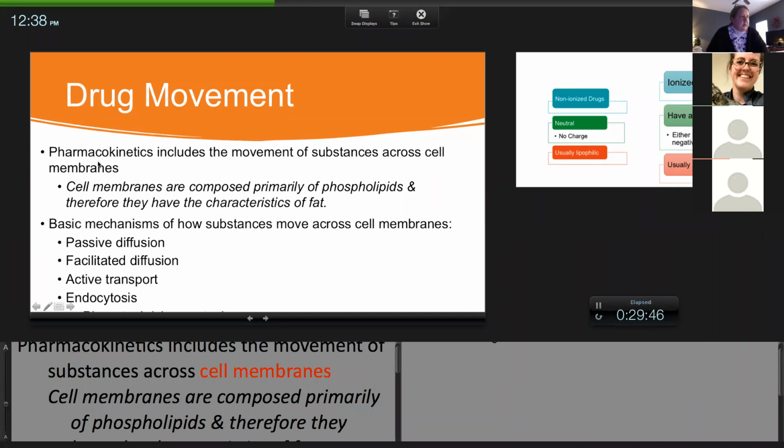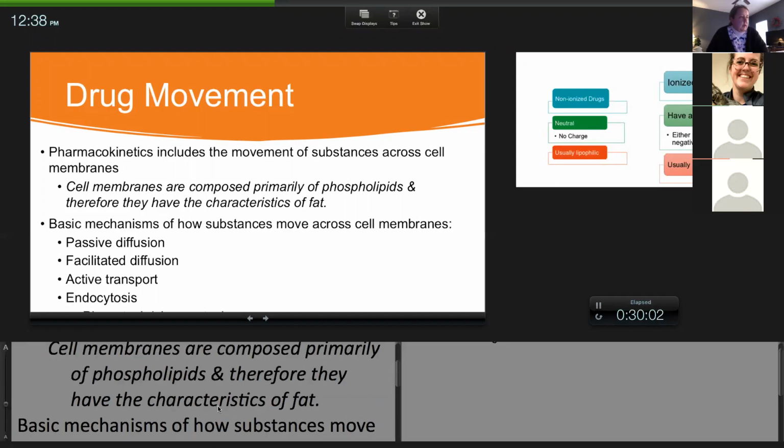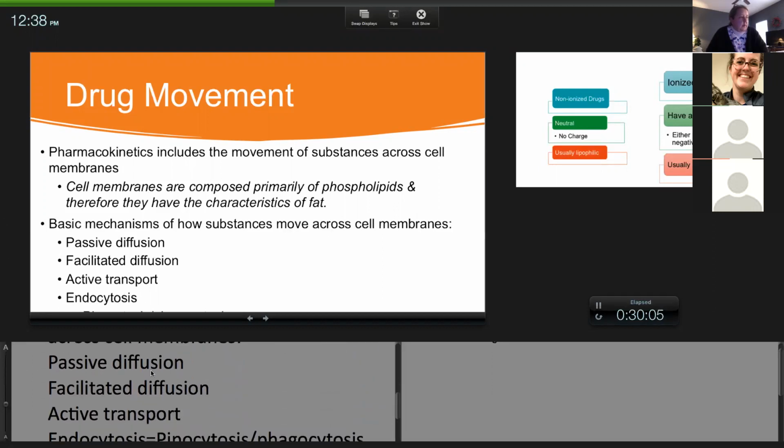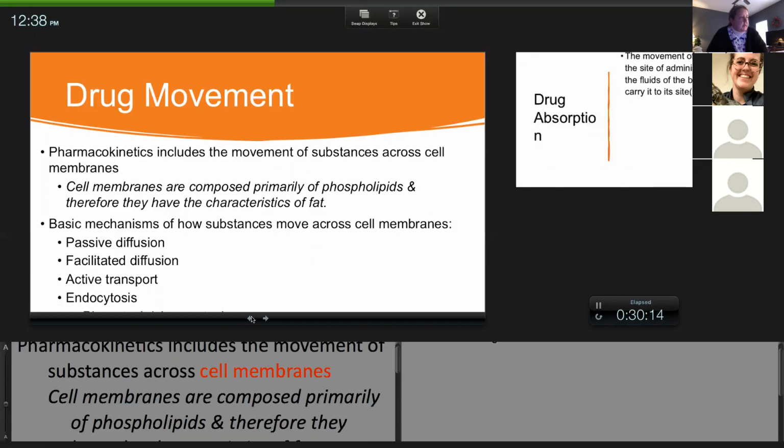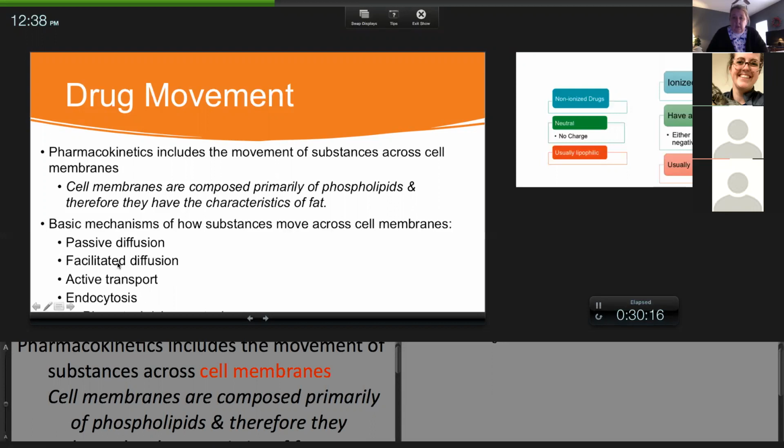But you've talked about cell membranes, which are phospholipids, fats. And when we talk about how a drug gets from the blood into a cell membrane, you've got passive diffusion, meaning it just moves in and doesn't require energy. You have facilitated diffusion, where something has to help it out.